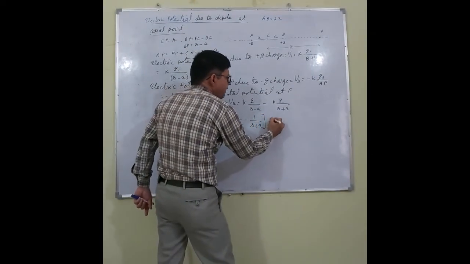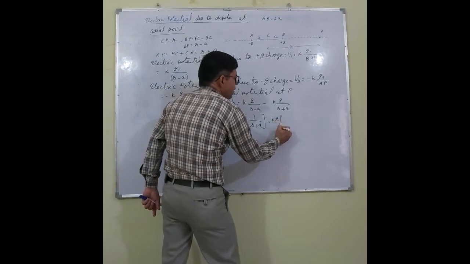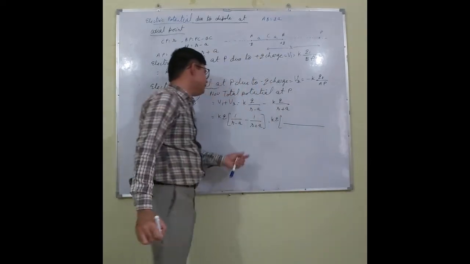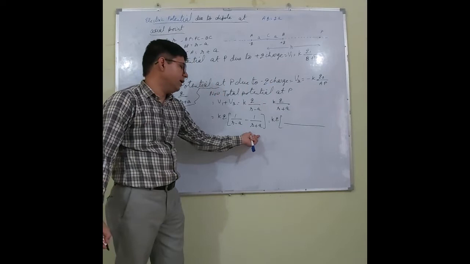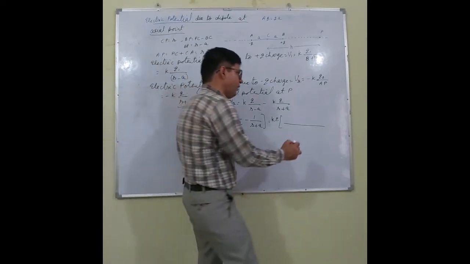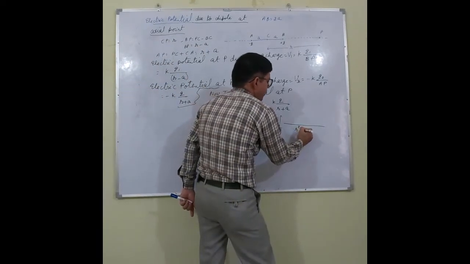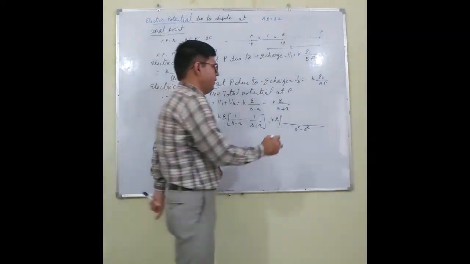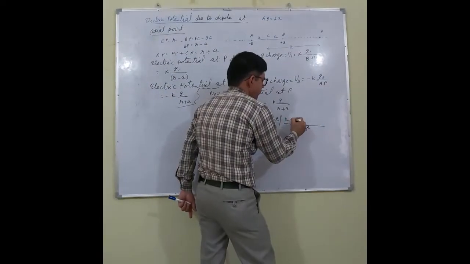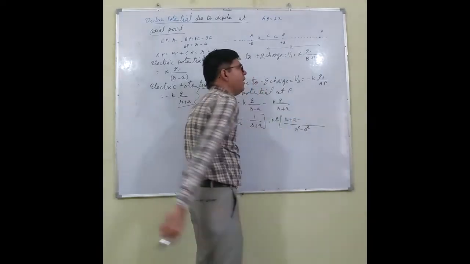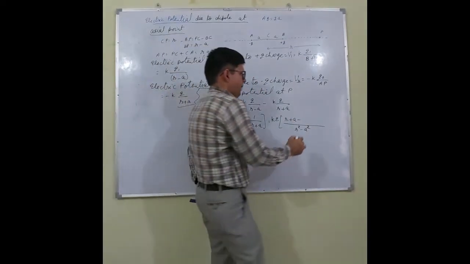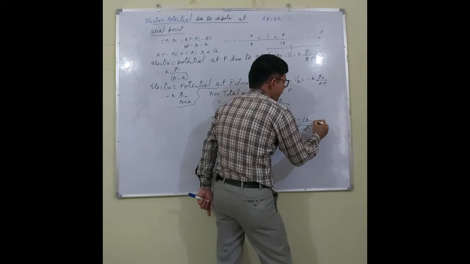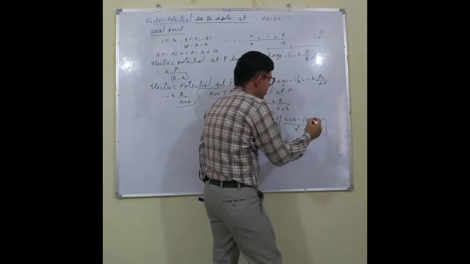Can you calculate this? Very simple. What will be the LCM? r minus a multiplied by r plus a, r square minus a square. So r plus a, here minus sign, minus r minus a. Can you open this?